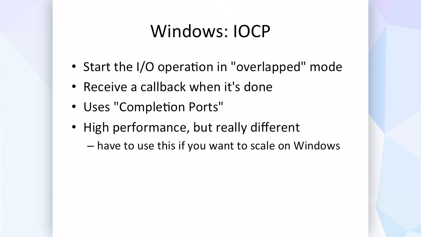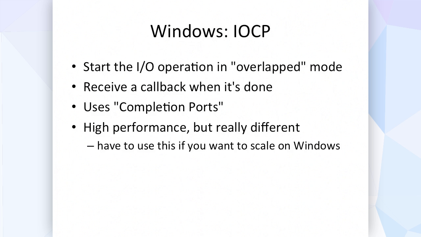So the real way to do asynchronous I/O on Windows is this IOCP thing, which is also called overlapped I/O if you read the official Microsoft documentation. And so this gives you an actual honest-to-God callback. It calls a function. It's not a blocking call. It actually calls a function. And there's a complicated way of arranging for that function to be called.